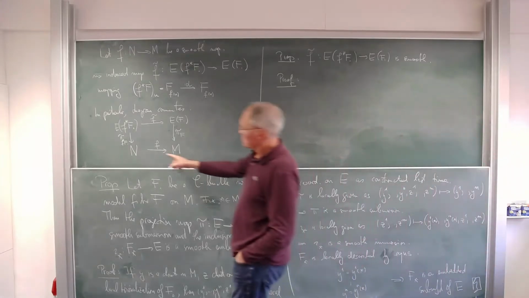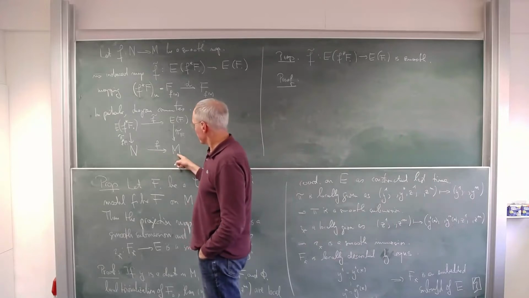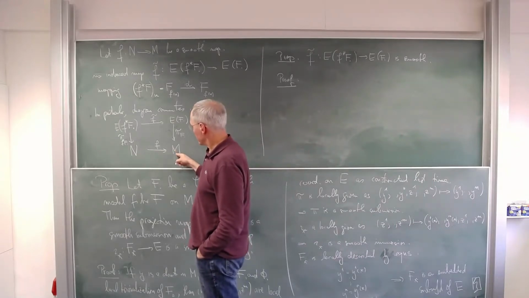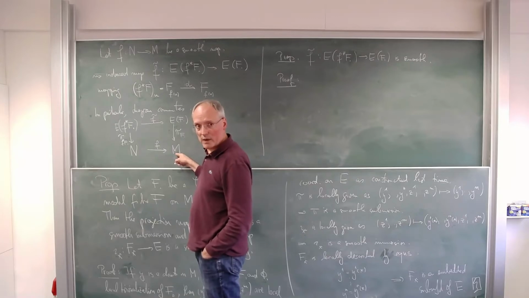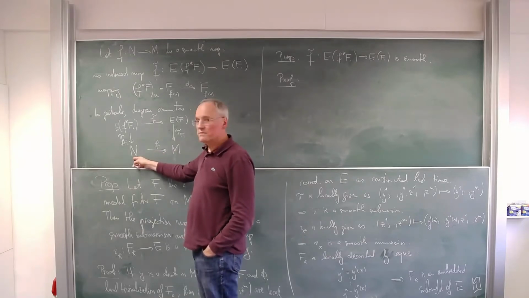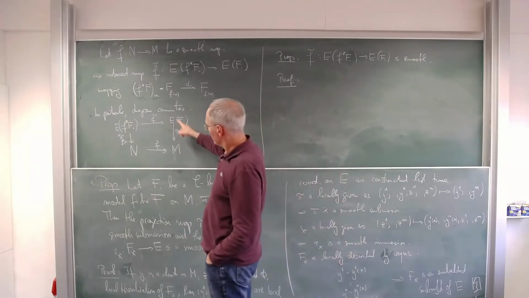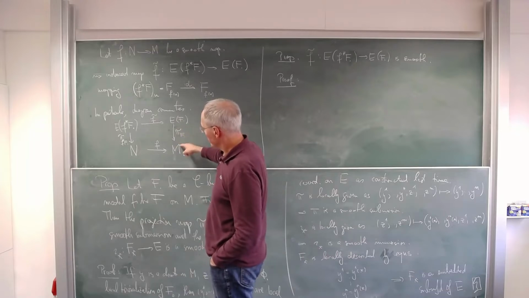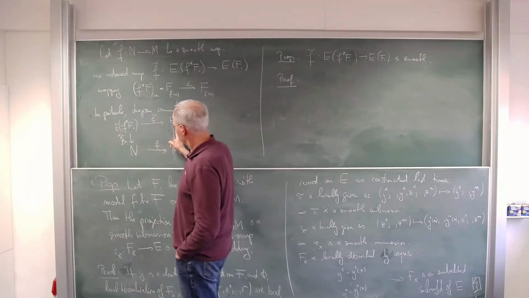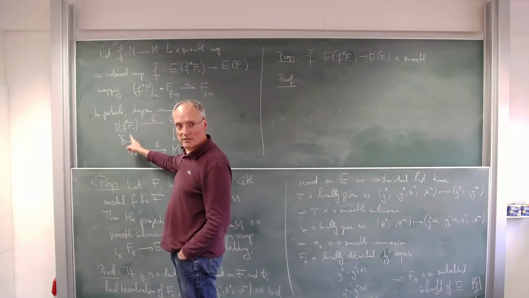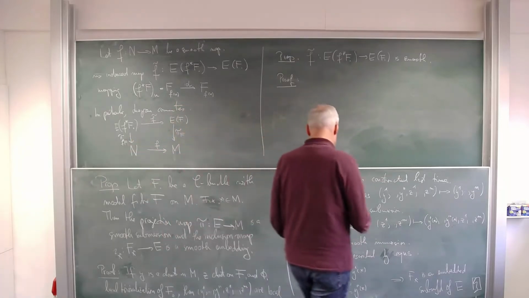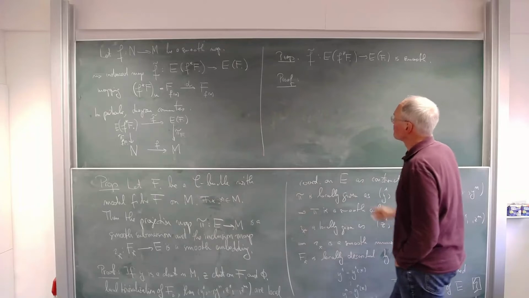But these two manifolds are very different, and so we use coordinates for this one, say y1 up to yn, and some other coordinates u1 up to uk for this manifold. And then we have to see, here we have a local trivialization, and in fact a local trivialization on this bundle induces a local trivialization for that bundle. So let's start with this observation.